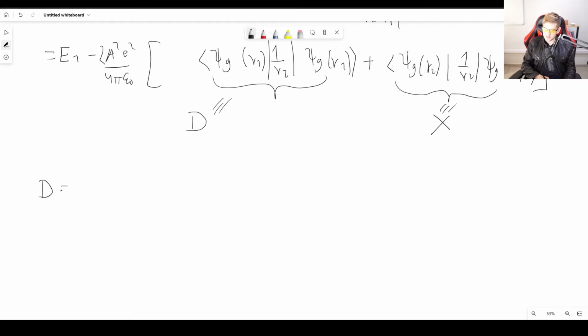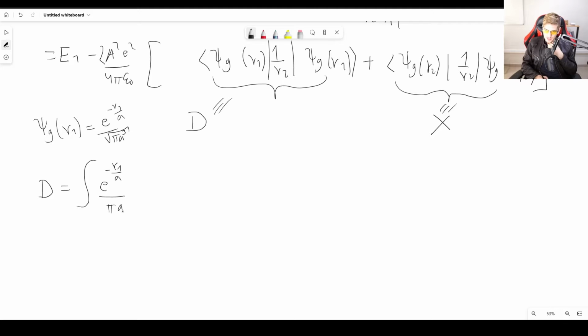So d is the integral of e to the minus r1 over a. Well, in case you just joined, I'm using that our trial wave function was the sum of these hydrogen wave functions, which are of the form e minus r1 over a divided by square root of pi a cubed. Just a quick reminder.